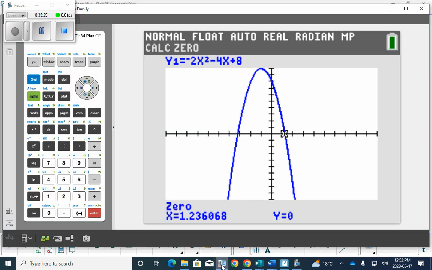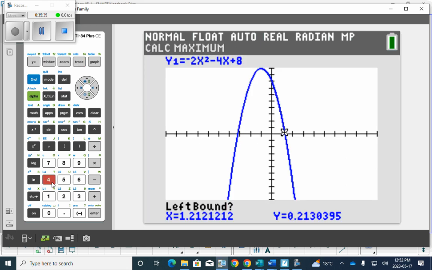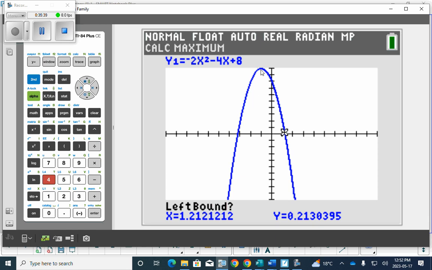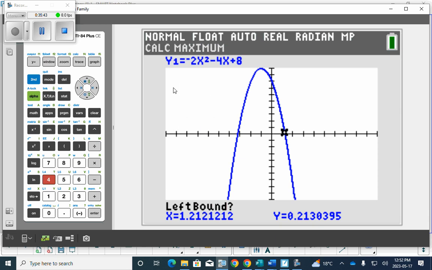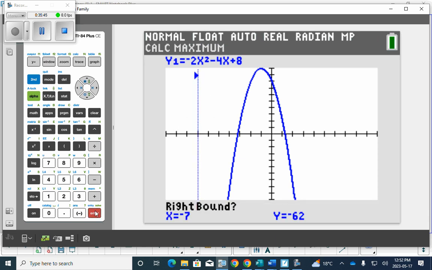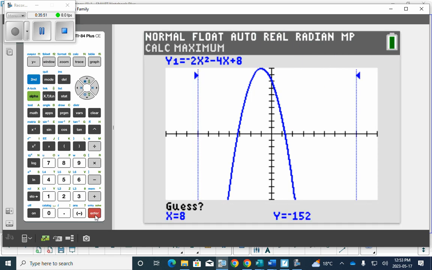So, second trace, number 4. Same instructions, but this is the point that we're looking for this time. Give me a number on the left side. -7. Yep. Give me a number on the right side. Hit enter to get past guess.